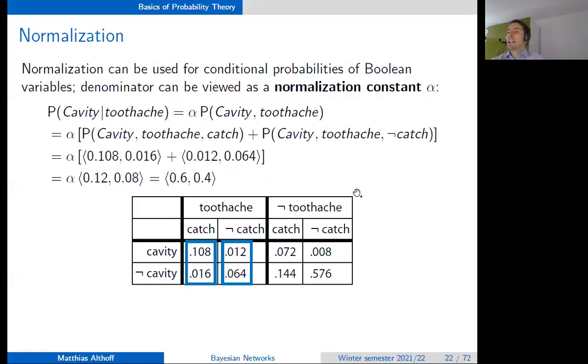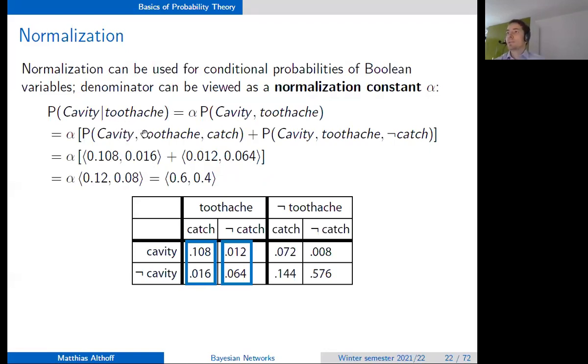So we are given this table, and there we have all the joint probabilities of toothache, catch, and cavity, but we don't care about catch here. By the way, catch is the steel needle with which the dentist goes over the teeth to test whether it catches in a cavity.